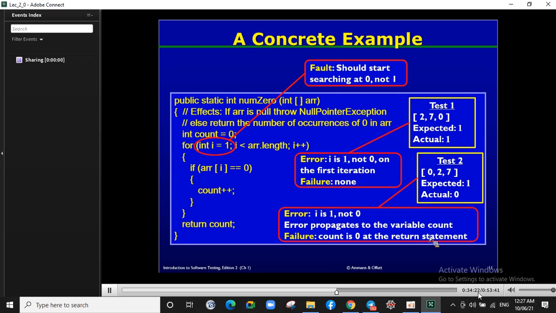So we summarize this problem. Not all executions of a program show failures. In software testing, we try to design tests that could show failures. Good tests are those that can show failures.